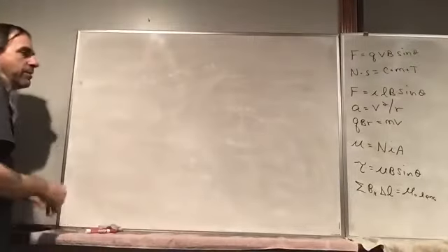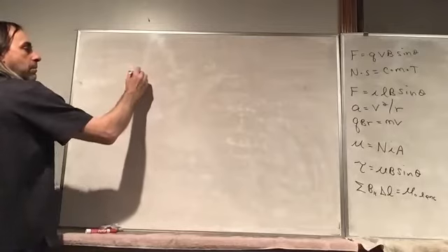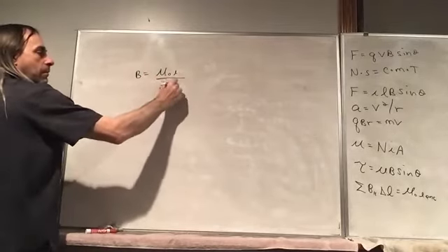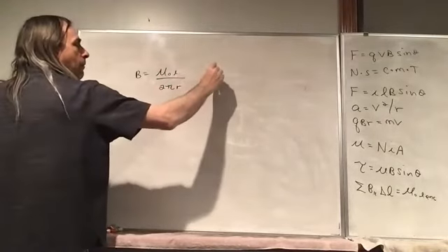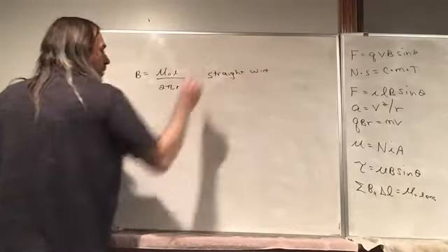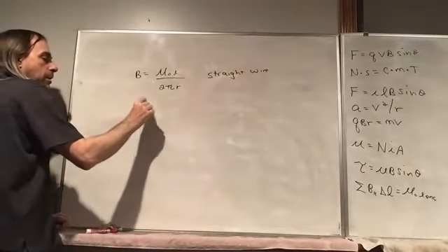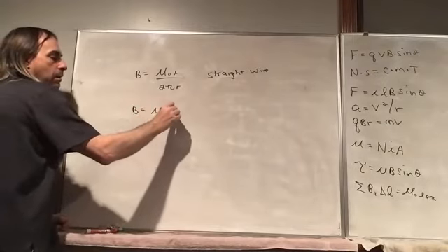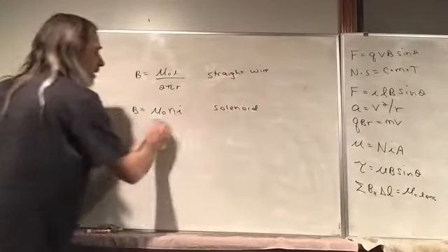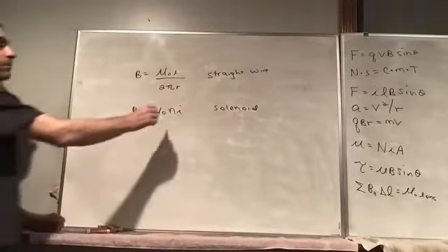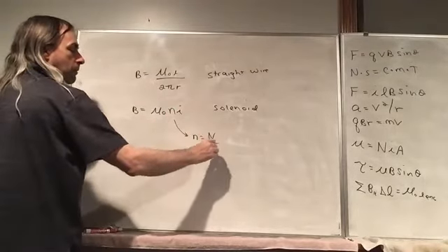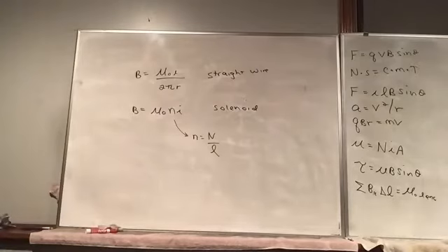So Ampere's law can be used in a couple of cases to actually find the magnetic field. One of those cases is a long straight wire. And the other is a solenoid, where here N is the turns density.